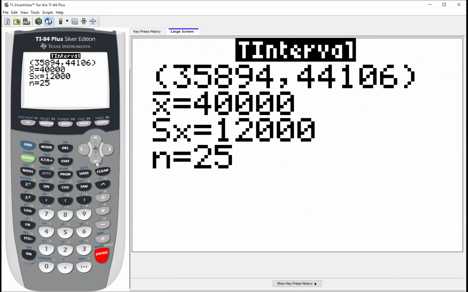So $35,894 to $44,106. So again, it's off by like 40 cents from when we did it by hand. Little bit of rounding error.